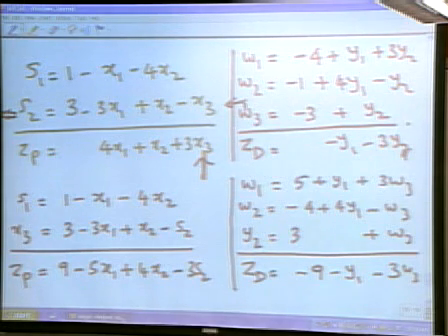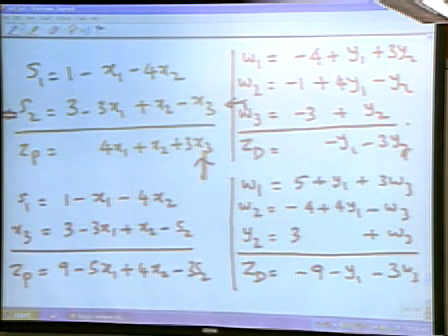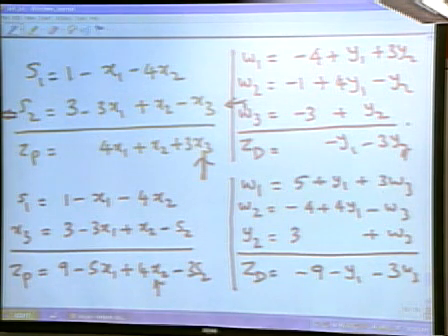But of course, your primal dictionary tells you that you're not yet at an optimal solution, and you would go on. If you do this one more step, here you have no choice. x2 has to enter. And if x2 enters, then s1 has to leave.